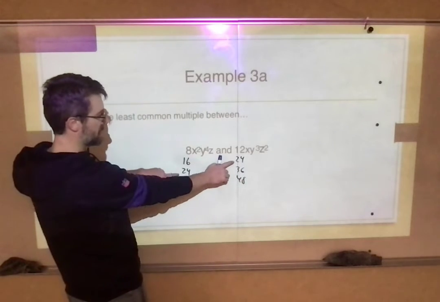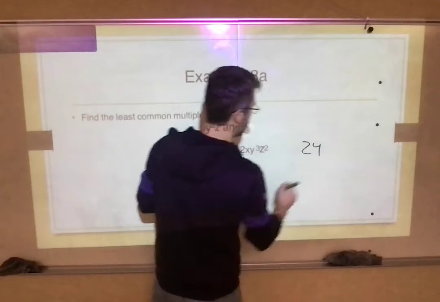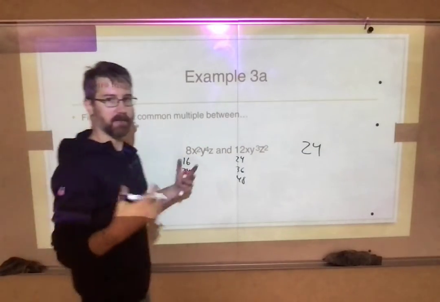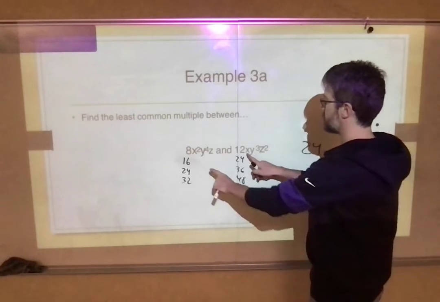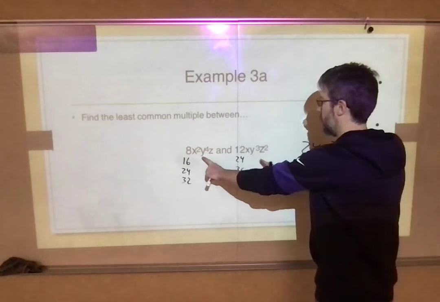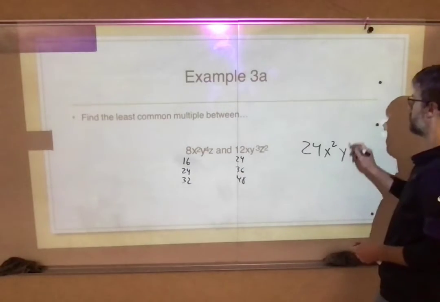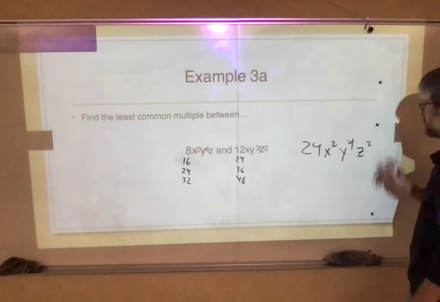Where was the first place that they matched? It was the 24. So the least common multiple, the coefficient, is 24. Then after that, between the x, y, and z, I just have to pick the bigger of the two exponents. Between x squared and x, it's x squared. Between y to the 4th and y cubed, it's y to the 4th. And between z and z squared, it is z squared.